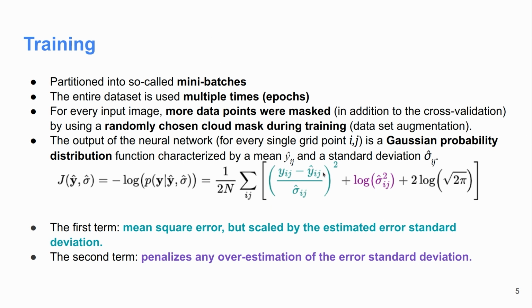One term is saying the neural network should be close to the data where you have it. This is scaled by the expected error variance, and then another term which takes into account the logarithm of the error variance. And there's a nice interplay between both terms.